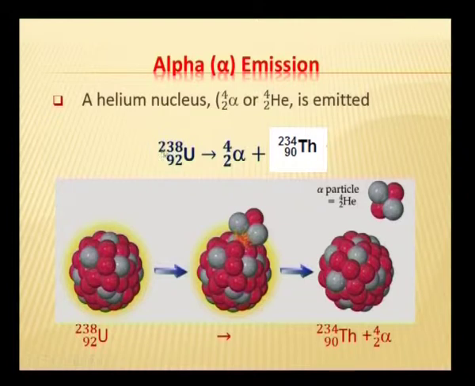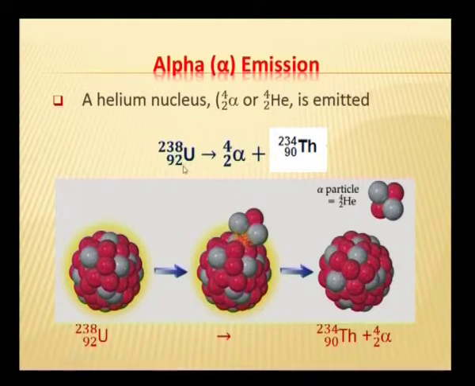So, how many neutrons are there? If the mass number is 238, what is the mass number? The number of protons plus the number of neutrons. The number of protons should be 92, because for the atom to be stable, the number of electrons and protons should be the same. So, 238 minus 92 will give you the number of neutrons. 238 is the mass number.